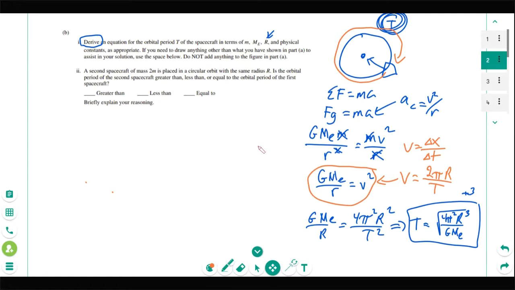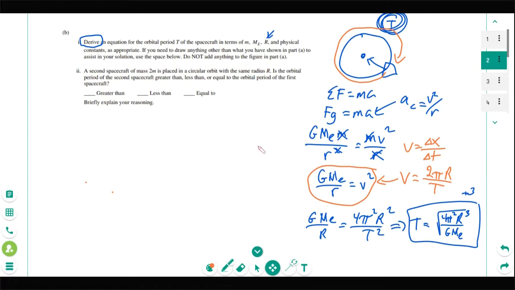Oh, okay, cool. This is probably one of the more complicated derivations you may be asked to do, because you have to pull in Newton's laws, circular motion, the velocity equation, and gravity, and pull it all together. So if you get this one, this is probably the most complicated one that we're going to see realistically in AP Physics World this year.